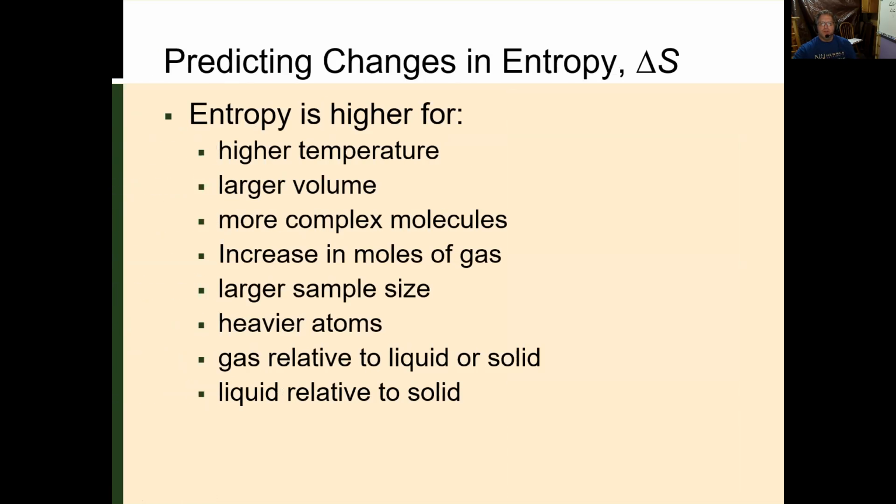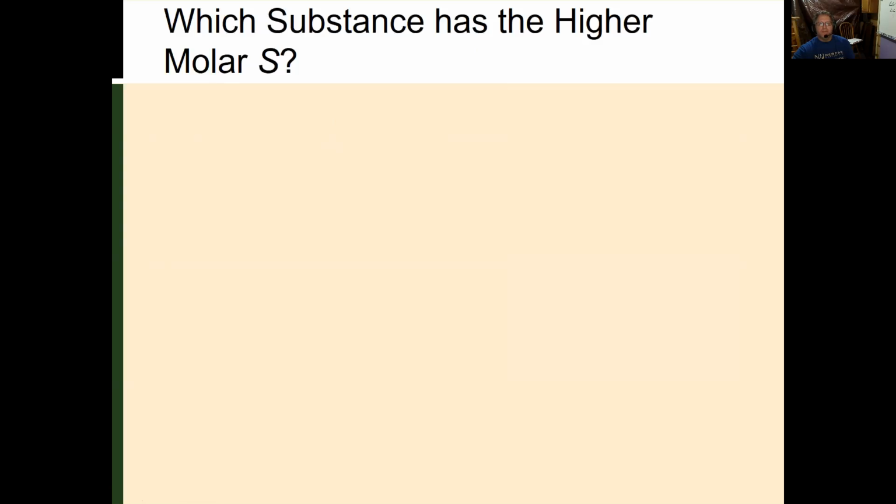And we can predict changes in entropy. Entropy is going to be higher for a higher temperature, a bigger volume, more complex molecules, an increase in moles of a gas, a bigger sample size, larger atoms, heavier atoms. Gas relative to liquid or solid is going to be much greater, and liquid is going to be higher than a solid. We can predict each of these, and you should be able to do so, okay?